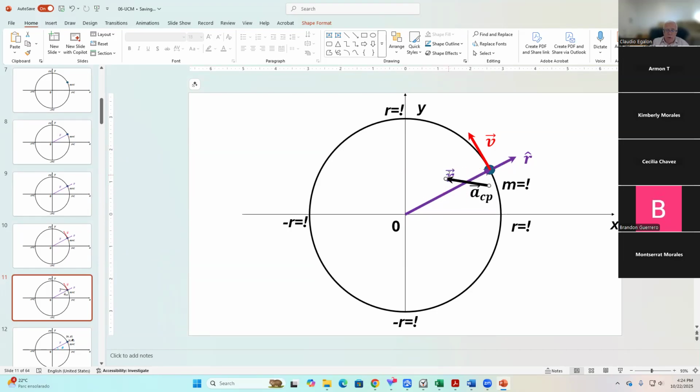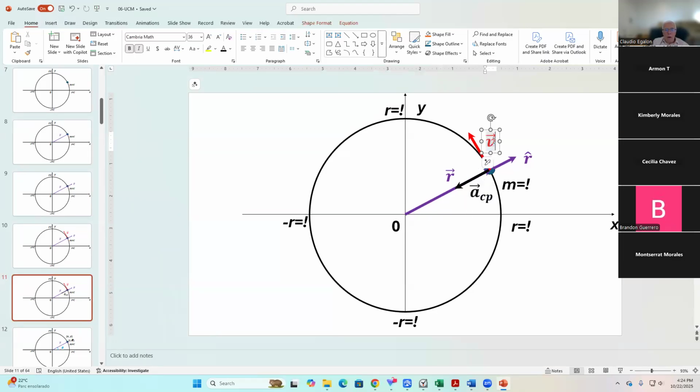But since it is uniform circular motion, it cannot have a tangential component, only a radial component towards or away from the center. That's away from the center, that's towards the center. Centripetal acceleration. Those are the things that we know just from the definition of uniform circular motion.